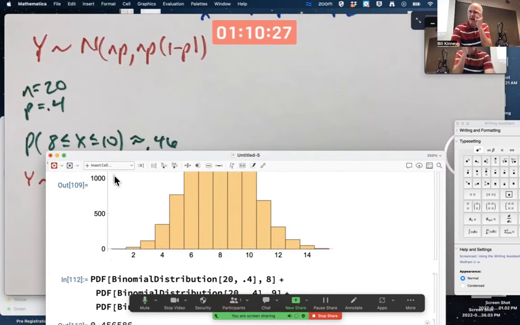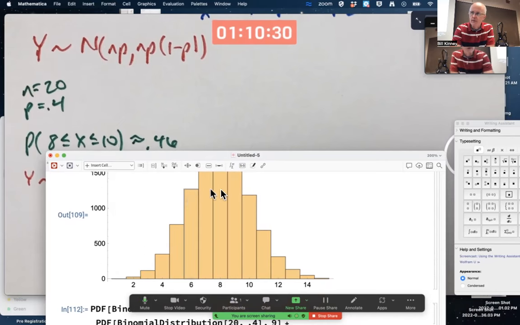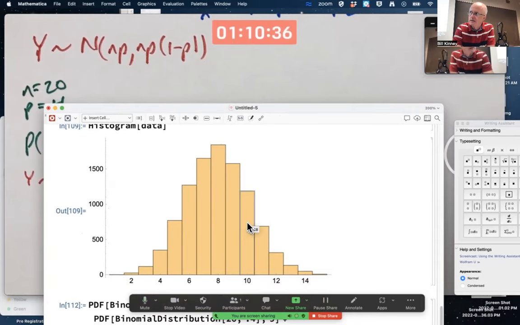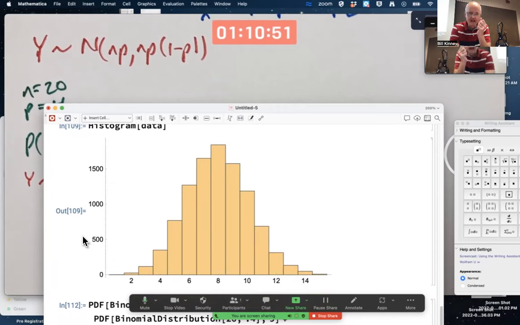If I'm thinking in terms of areas under a normal curve, I'd be really trying to approximate the areas of these three bars. The vertical scale would be incorrect, because these numbers are counting how many times I make it: 8 times, 9 times, 10 times. It's not a probability density.